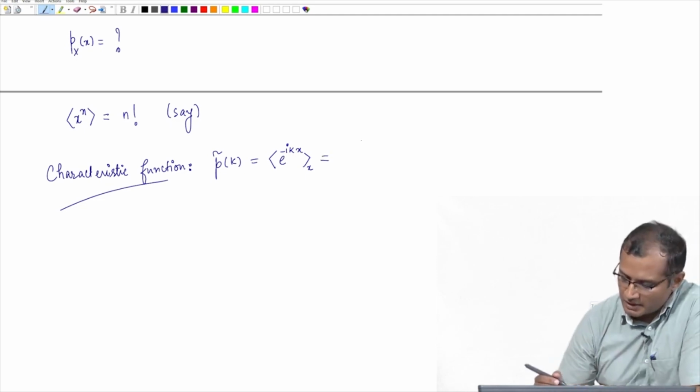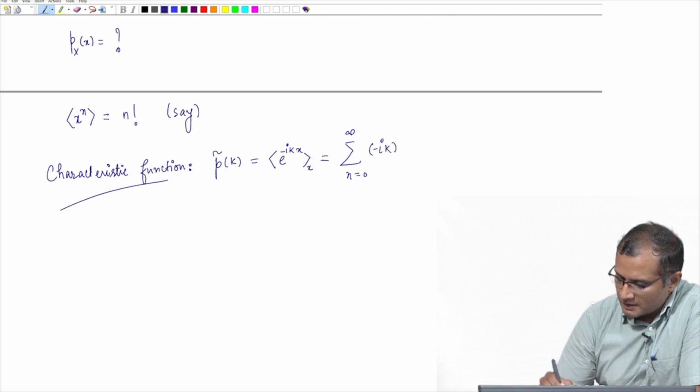So, this is nothing but summation n going from 0 to infinity, minus I k to the power n, nth moment over n factorial.